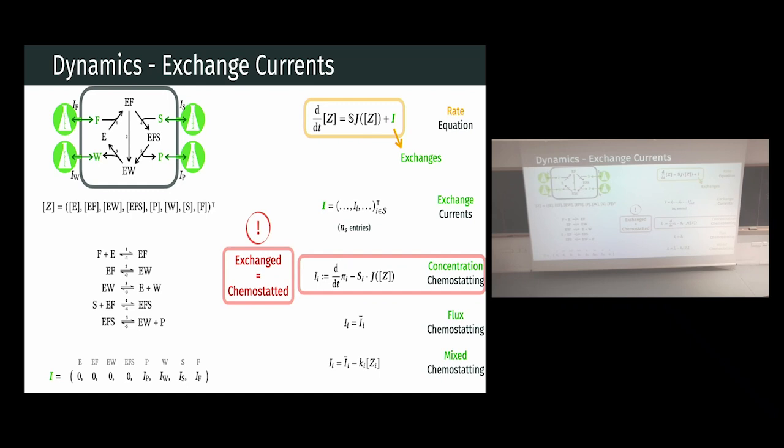I tells you the variation to the concentrations due to the environment. Hope that is clear, because everything else is going to be built on top of that dynamical system.